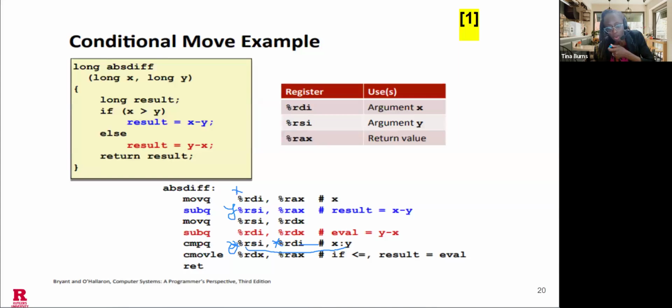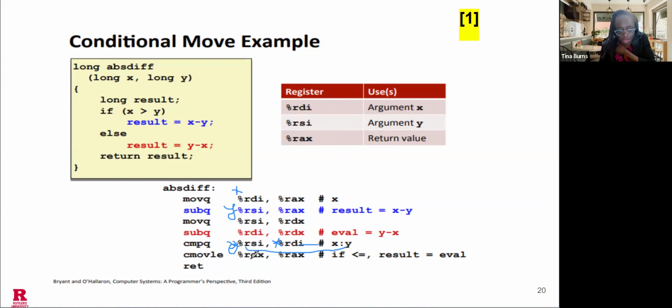What we have here is I'm comparing X and Y. We already know that from the beginning of this statement, X is stored into RDI, Y is stored into RSI.